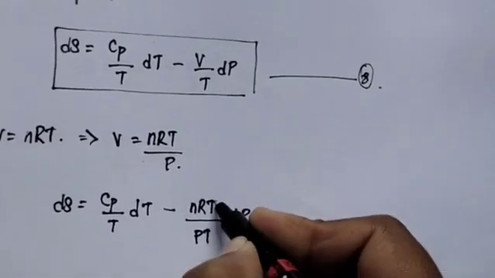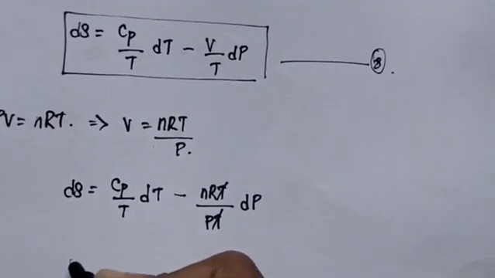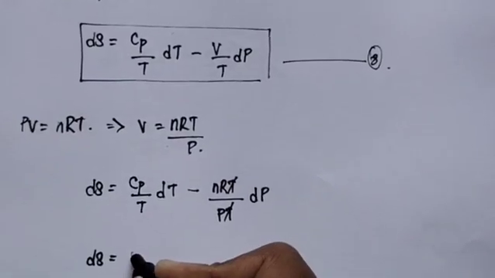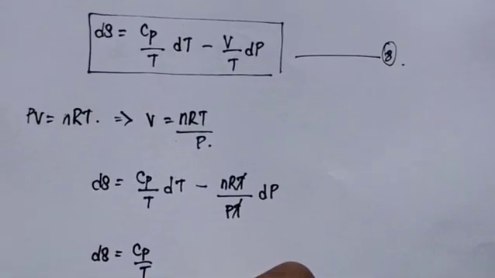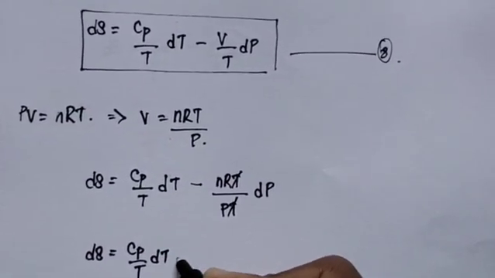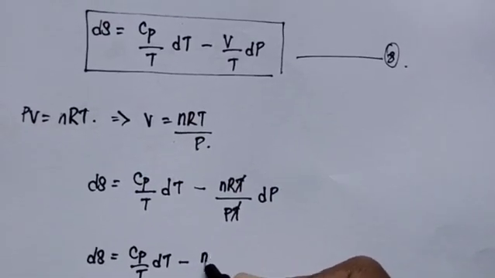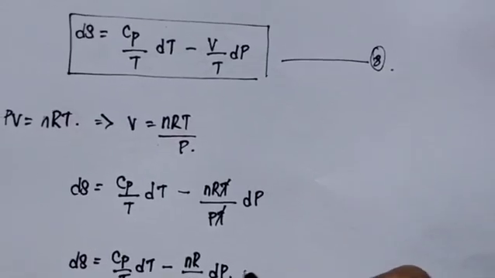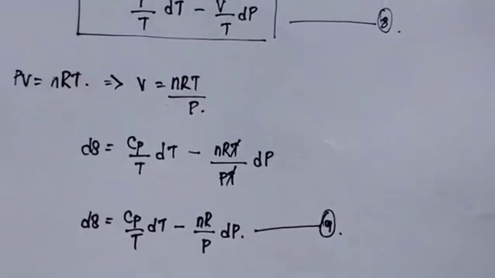While T and T get cancelled, dS is equal to Cp by T into dT minus nR upon P into dP. Take this as equation number 9.